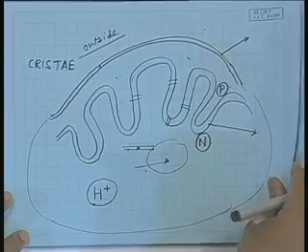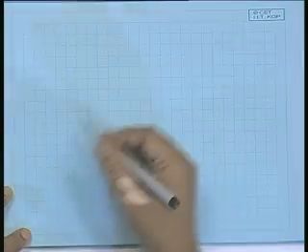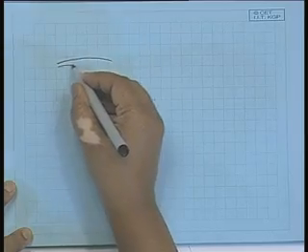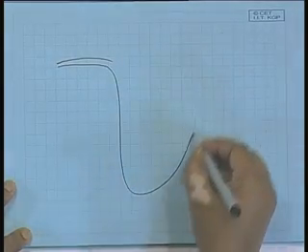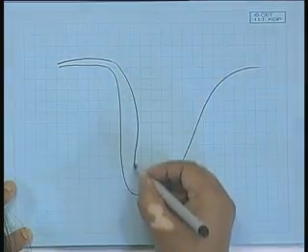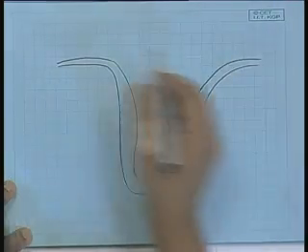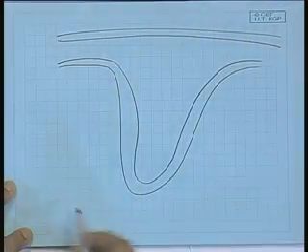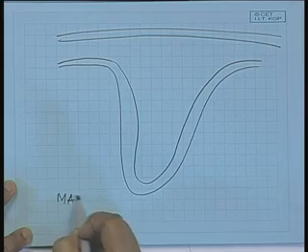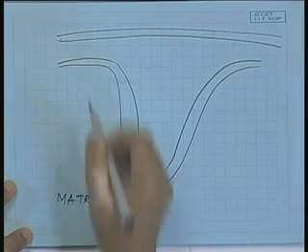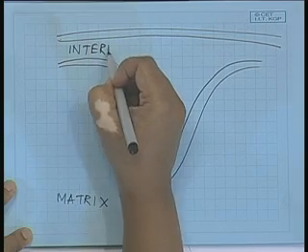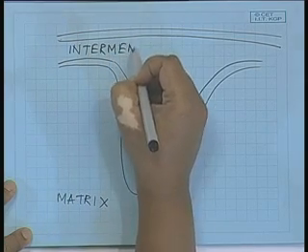Okay? Now, when we look at a single fold, this becomes a single cristae, and we have our outer membrane. So, this is my matrix, this is my intermembrane space.